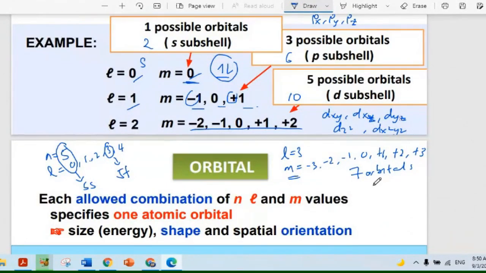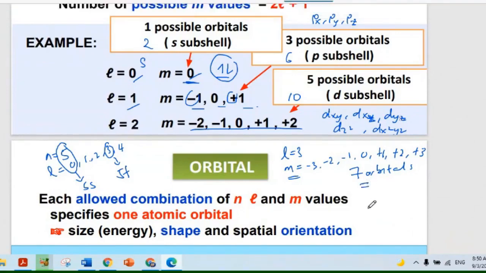Maximum electrons. Farah just told us that when L equal to 3, M is from -3 until +3, there are 7 orbitals.